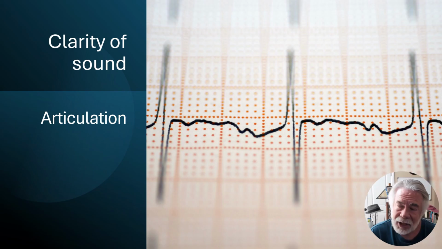So articulation is simply how clearly you speak. I'm going to talk about here and on the next one how that differs from uniqueness in the way we say words. There are many different ways that we can say words that are still clear and well articulated, because we might have a regional accent.